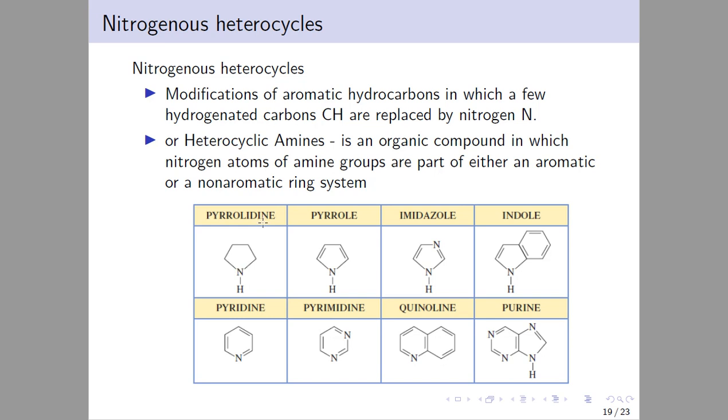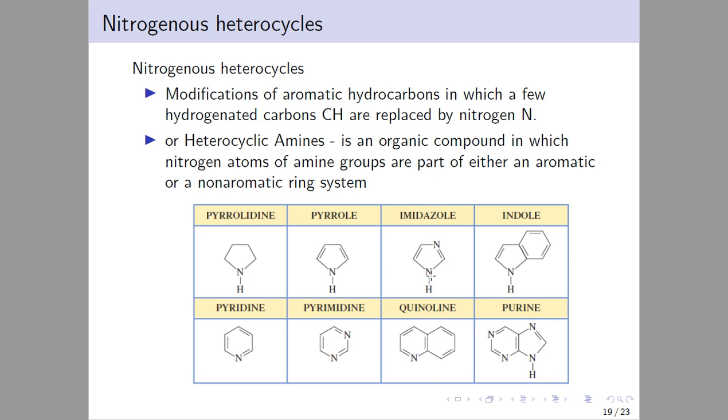Here again we replace with N, and we have a double bond here, meaning that the N can move around.